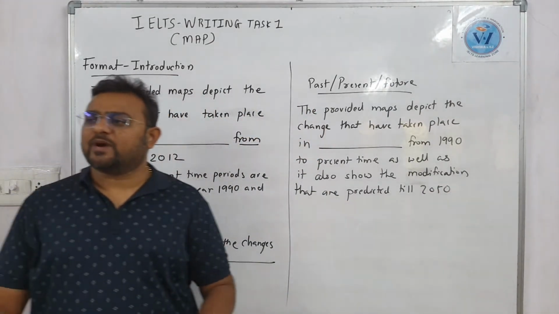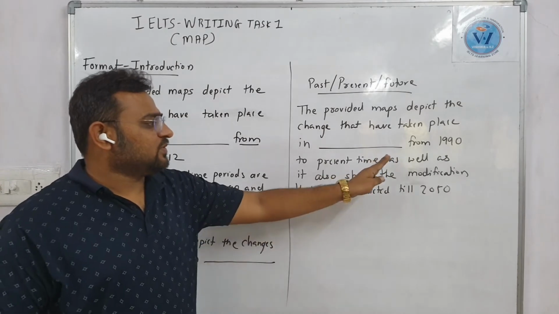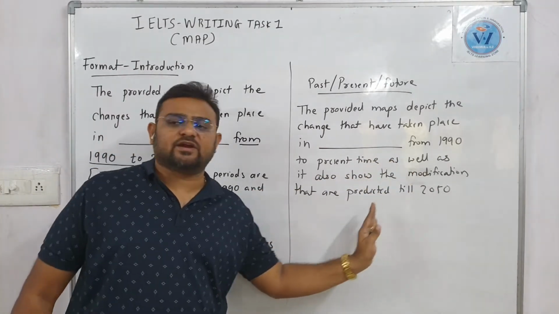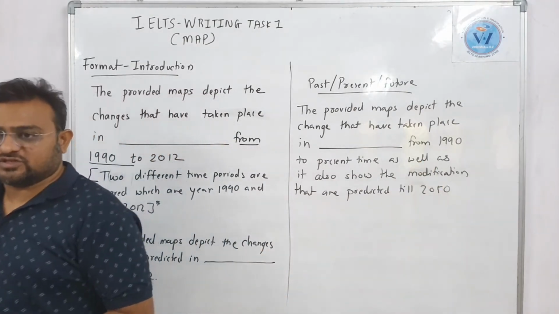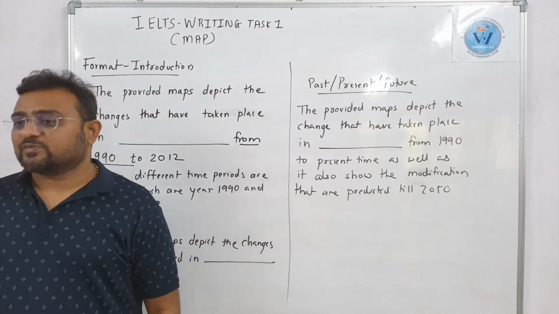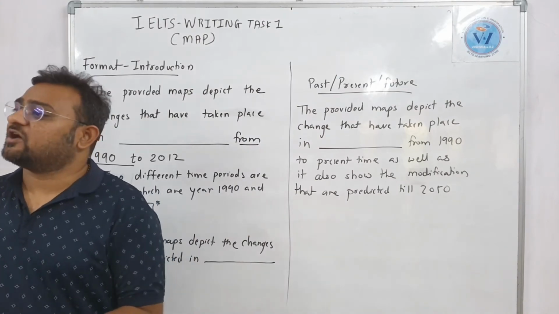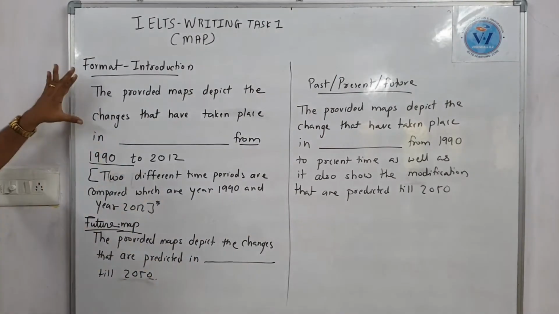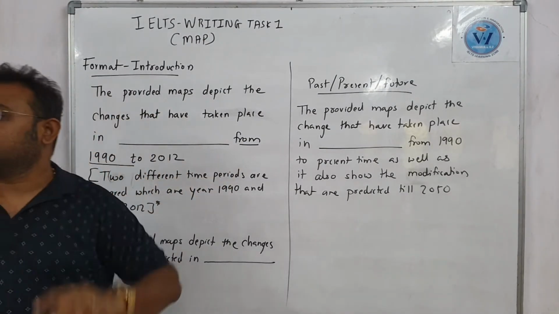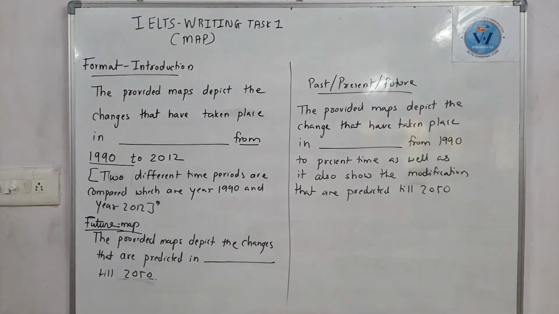You can also break it into two parts, like from 1990 to present time, put a full stop. It also shows the modification that are predicted till 2050. So this is about past, present, and future. Now suppose there are three maps and all three are of the past. Then in the same way, three different time periods are compared, which are this, this, and this year. Clear?